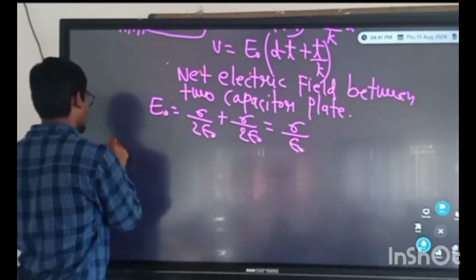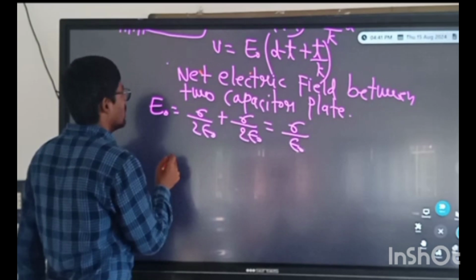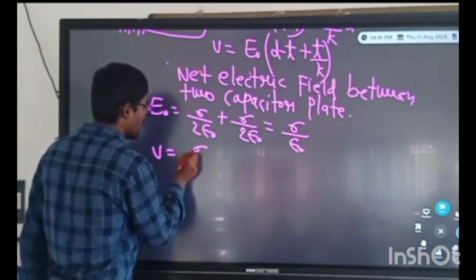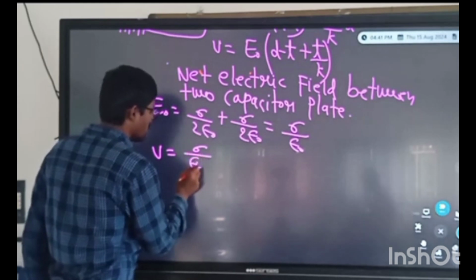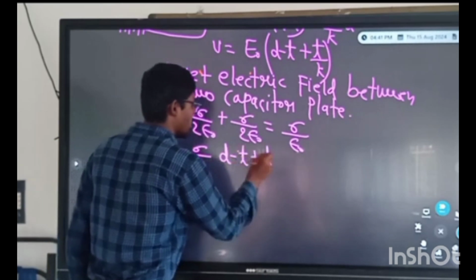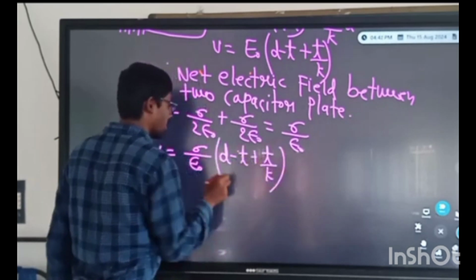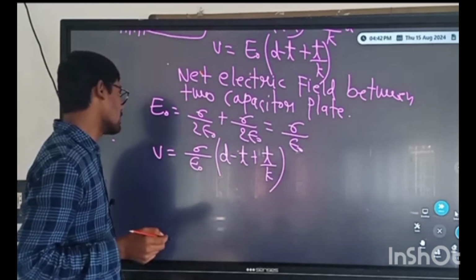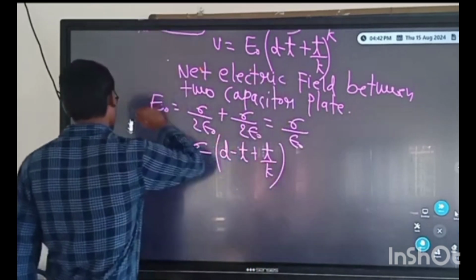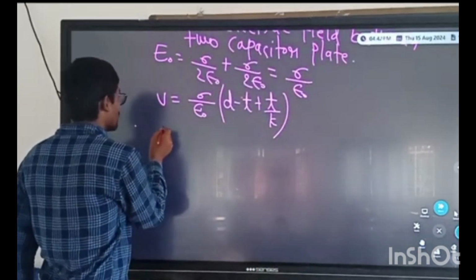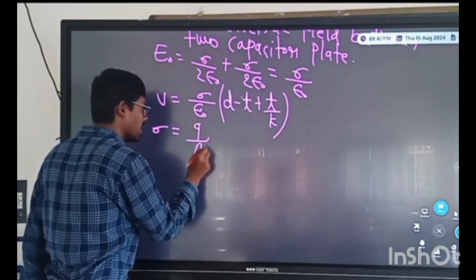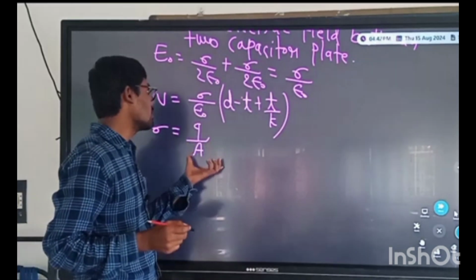Now we will put V is equal to sigma by epsilon naught times (D minus T plus T by K). This is our potential difference, where sigma is the surface charge density, meaning total charge divided by area.